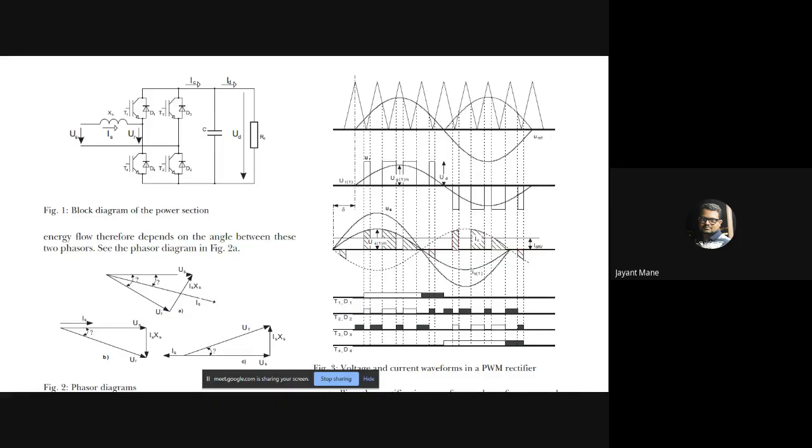So there is voltage across the load. After that, the sequence is T1 and D2. T1, D2 will be on. Current flows from T1 and then comes back through D2. But when T1, D2 are on, there is no voltage across the output.